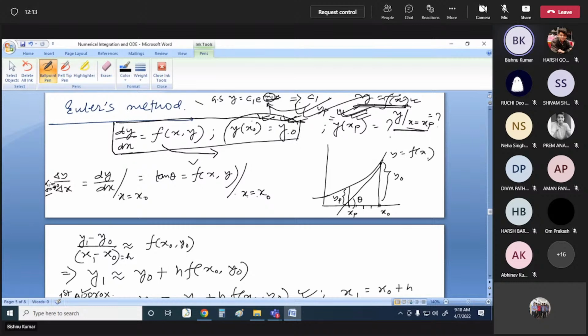If the initial condition is not given, this indicates the general solution, meaning infinitely many solutions. With the initial condition given, it is simply a curve, and you have to calculate the value of y at some other x. Okay, logic is clear. Now you have to calculate y at x equals xp for this question.